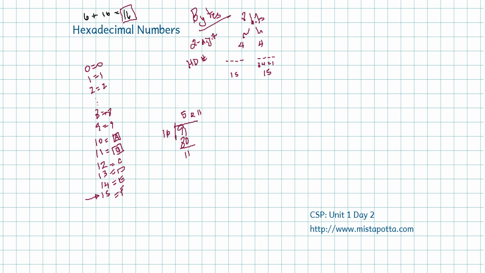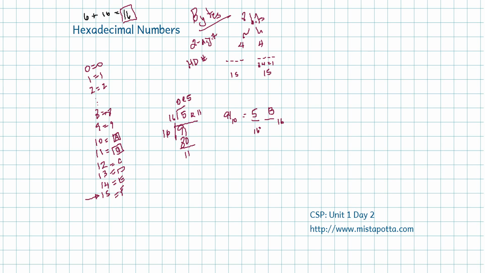So I go back to this table over here and I go, oh, 11, that's a B. So when I start thinking of my base 16 representation of 91, our base 10 value, this remainder is going to be a B. And now I need to take 5 and divide by 16. That's easy. It's just going to have a remainder of 5, and so that means that I have a 5 in my 16's place.